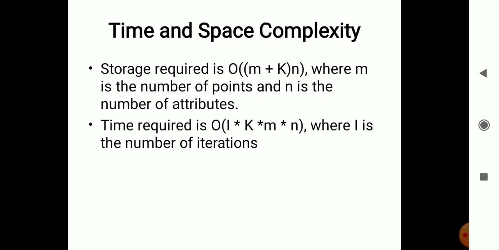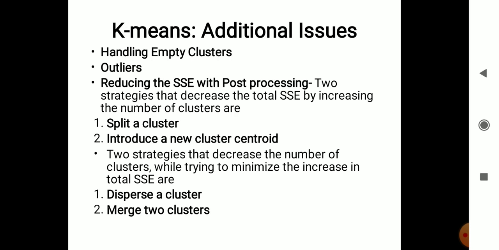Apart from all these, some additional issues must be handled by the K-means algorithm. The first additional issue is handling empty clusters. The main problem with the basic K-means algorithm is that empty clusters can be obtained if no points are allocated to a cluster.